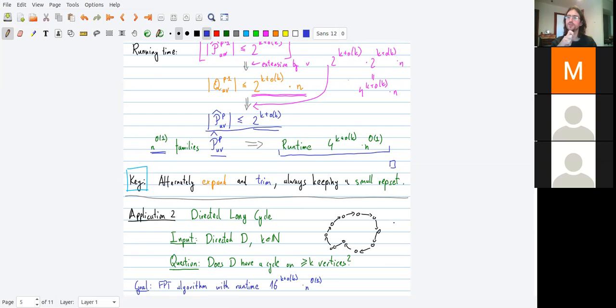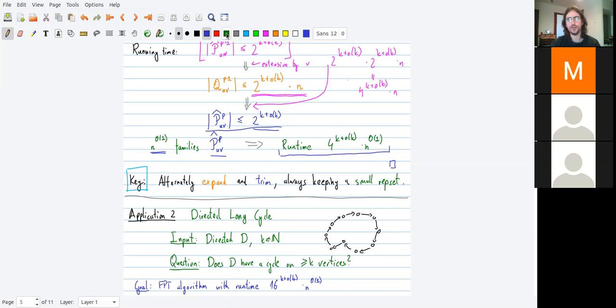Expand it, trim it, expand it, trim it. In this way, we always maintain a small representative set, and therefore the computations are working in FPT time. Good. So this was the basic application with running time 4 power k plus small o of k.